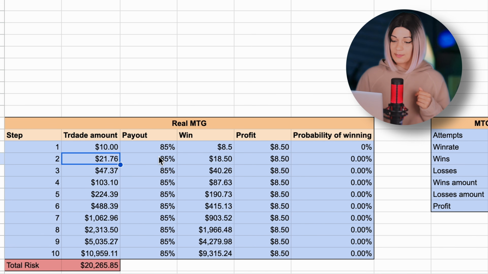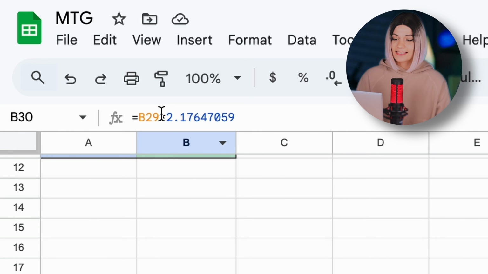But because the payout here is less than 100%, that means that the amount that we are multiplying should be bigger. So with 85% payout, each next deal should be multiplied not by 2, but by 2.1764759.